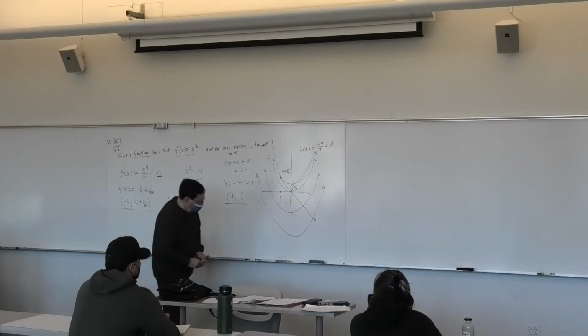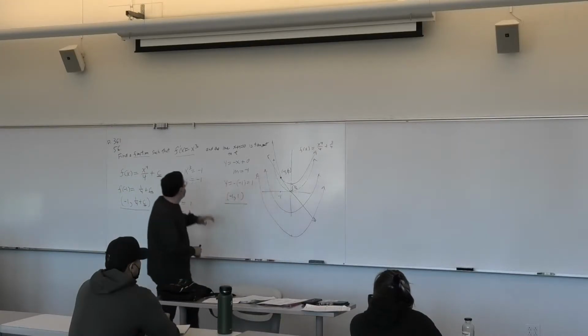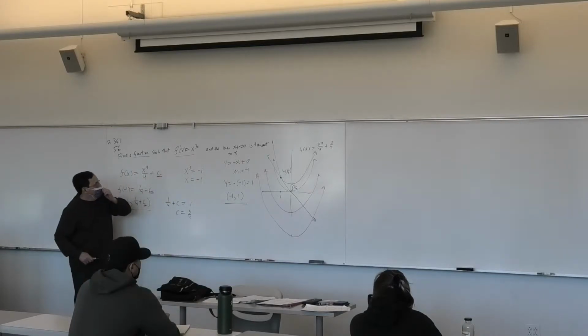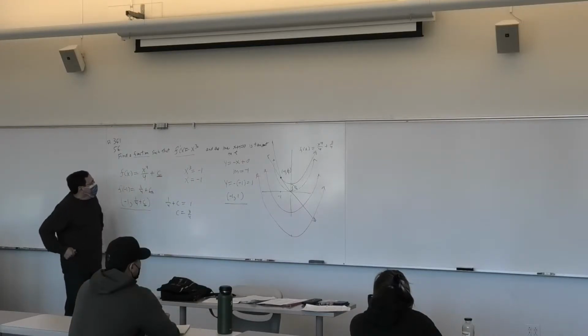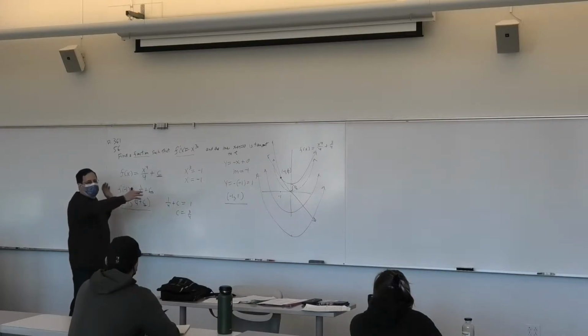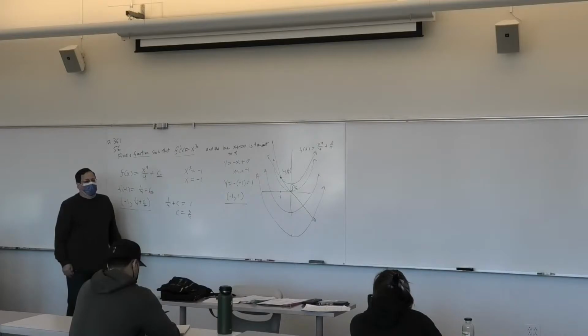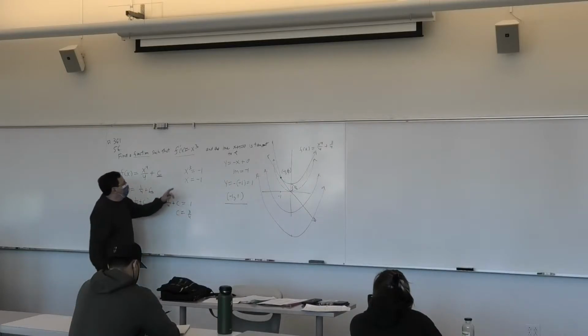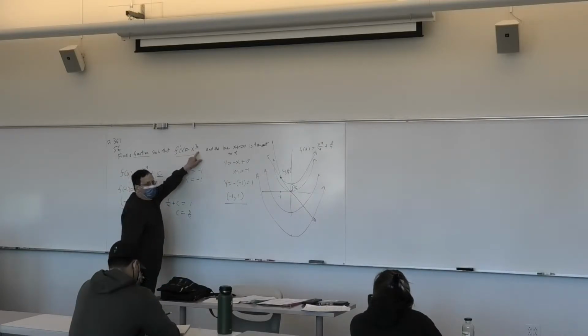Point out something about the function they gave you, x cubed. It's 1-to-1 over all real numbers. Meaning, if I give you a y, you can always find an x. So you can always find a slope.